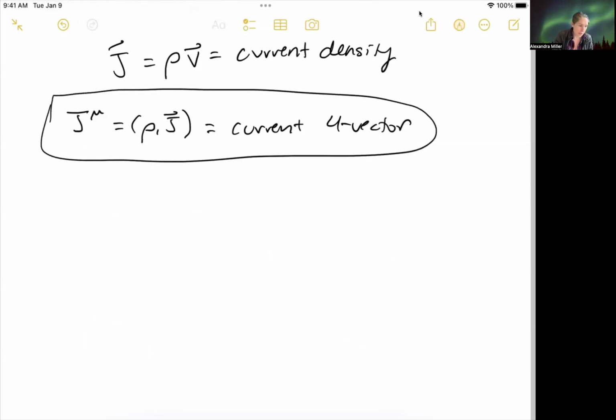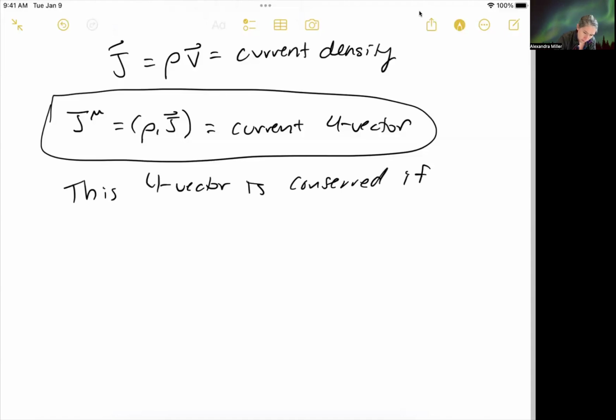This current 4-vector is a thing that we're going to think about for other things. And we will say that it is conserved. So this 4-vector is conserved if this equation holds. And we can better understand this if we expand our derivative.